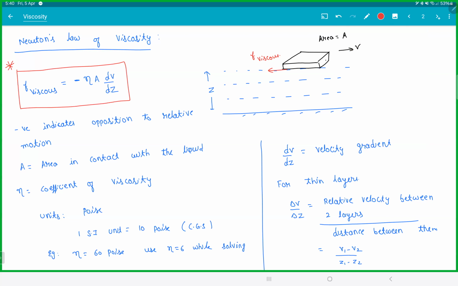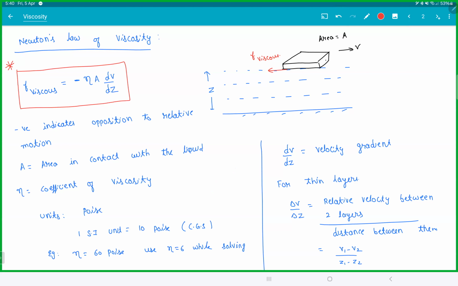So I have a question here. Can I bring that area here, and can I write F by area as pressure? Because you studied in fluids that force by area is pressure. Can I do that? Force has to be perpendicular. What is the pressure definition? Force perpendicular to the area. In this case, F is tangential, parallel to the area. This is not pressure. This is something else. It's called shearing stress.